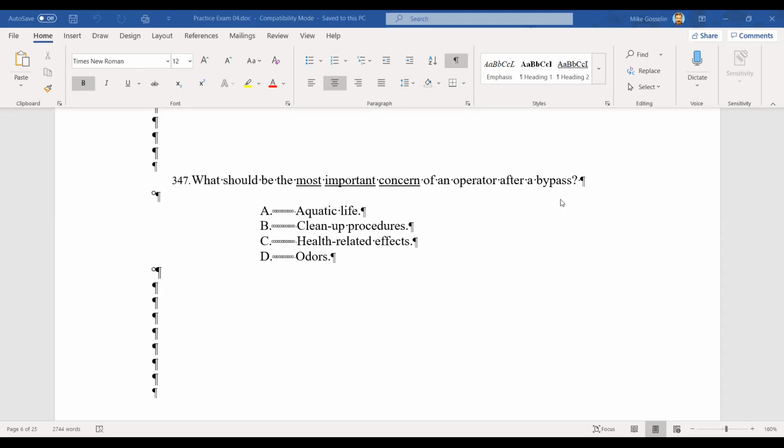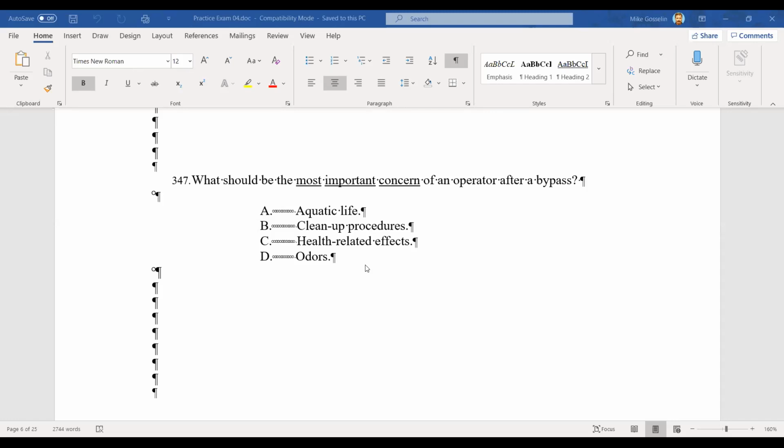Any other thoughts? Okay, so let's take a look at this question. This question is designed to... one vote for B with a maybe.